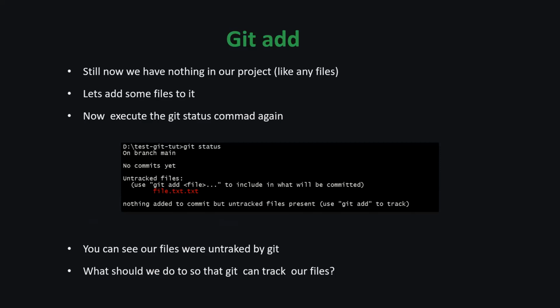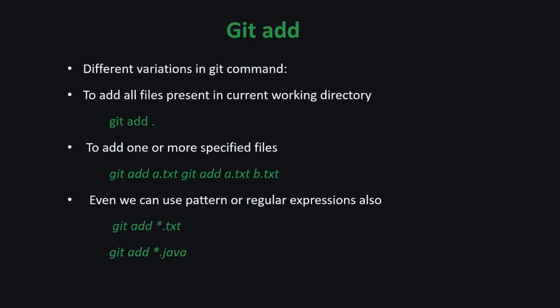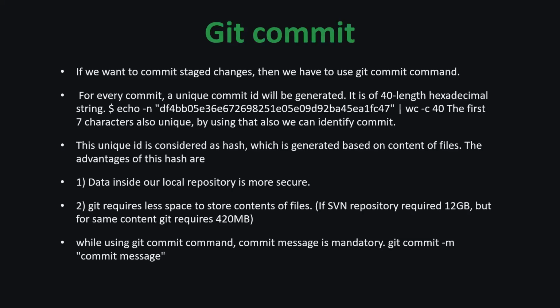Let's add some files to it. Now execute the git status command again. You can see our files are untracked by Git. What should we do so that Git can track them? Git commit.